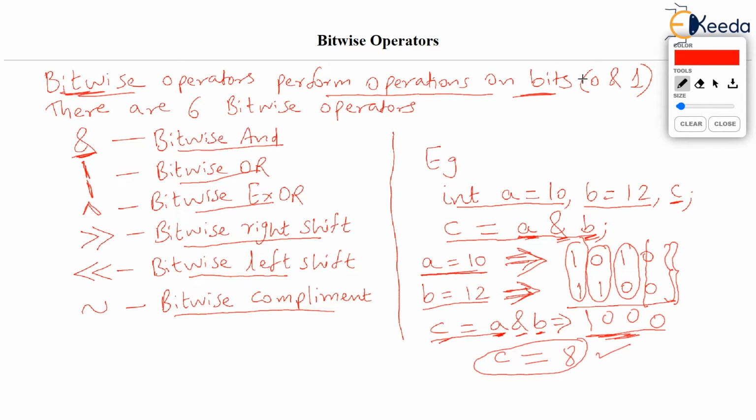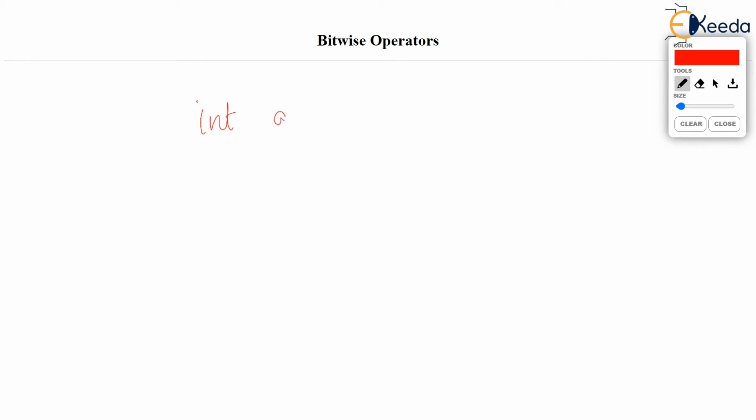Let's see one more example. Let's say that I have a code like this. Int a equal to 10, b equal to 12, and there is a variable c declared. The expression given is c is equal to a pipe b.